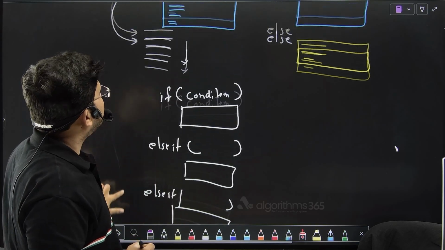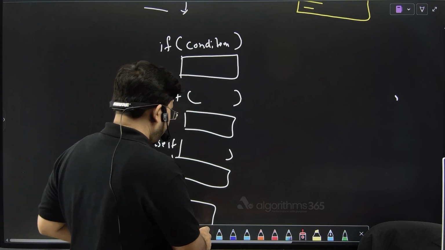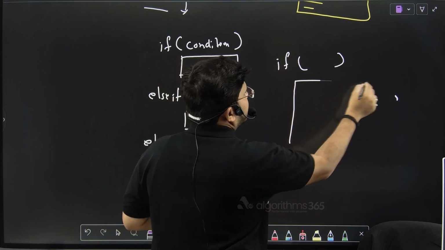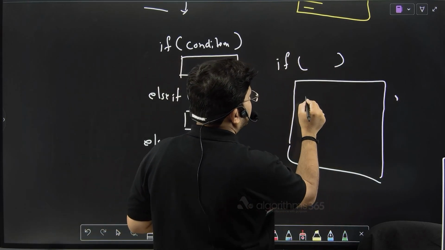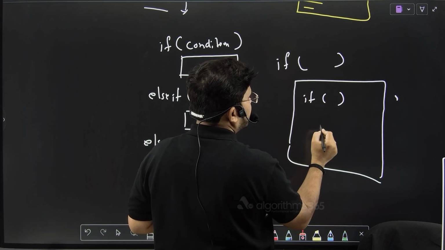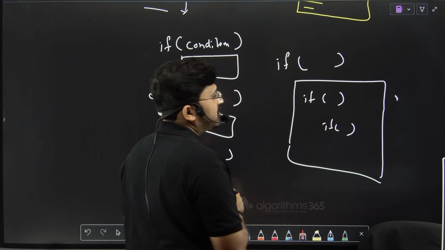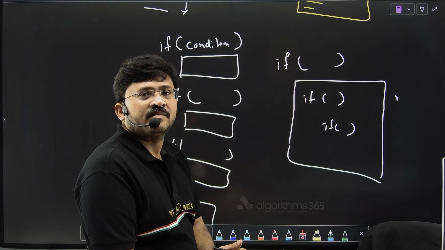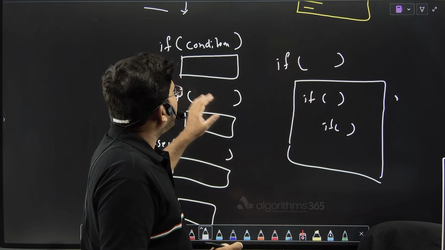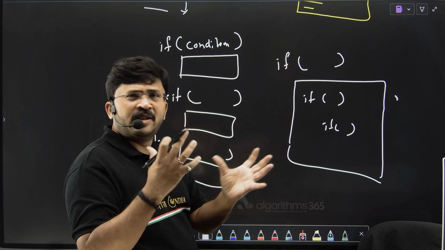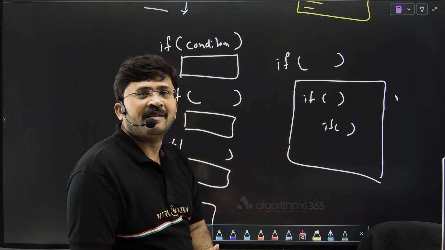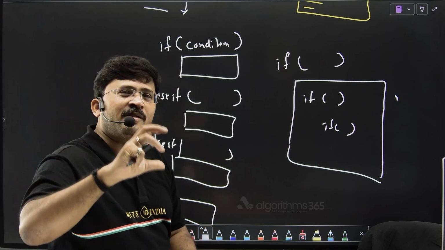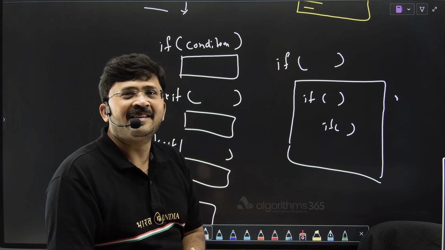Then what could be the other patterns? The other pattern could be this way. You have a condition, and within this again there are sub conditions. So you have this, then you have this. So it could be nested this way. And the same thing can be written in different ways, and developers always have these debates in companies saying, oh, probably if you take this out, the code will look simpler and easy to understand.